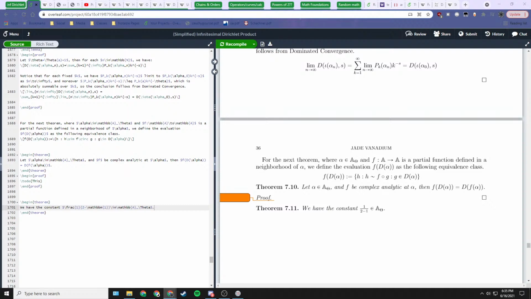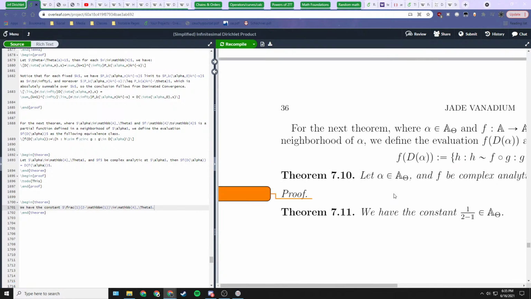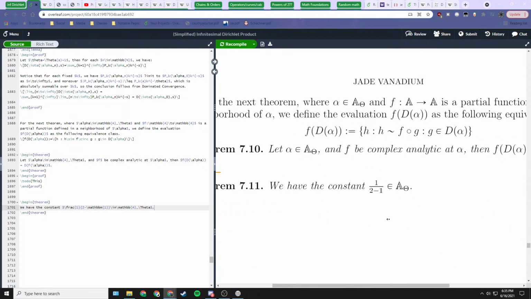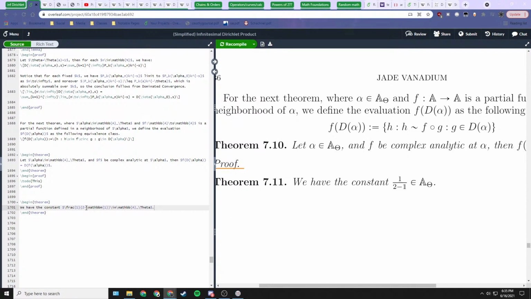Yes, this is correct. Okay, but before we go, just to get you thinking about it, we have this constant. Let's just make it easier to read for everyone.